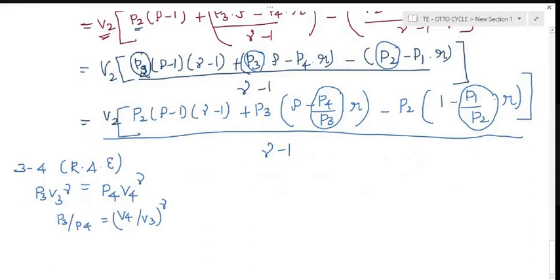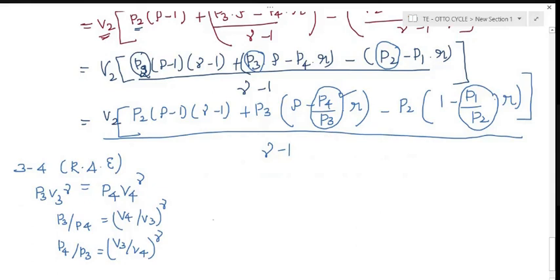Actually we need P4 by P3, so just rearrange the equation: P4 by P3 equals V3 divided by V4 to the power gamma. We need an equation in terms of V3 and V4, so simply rewrite the equation here.